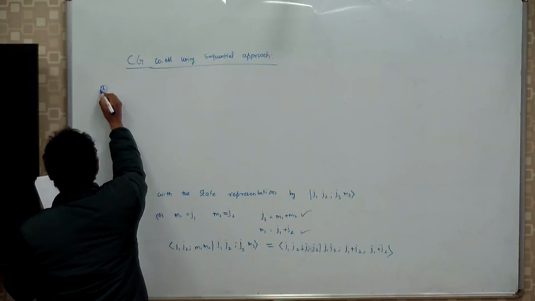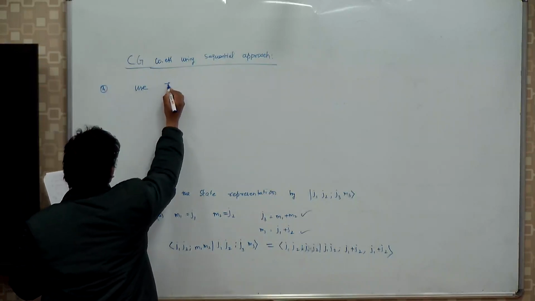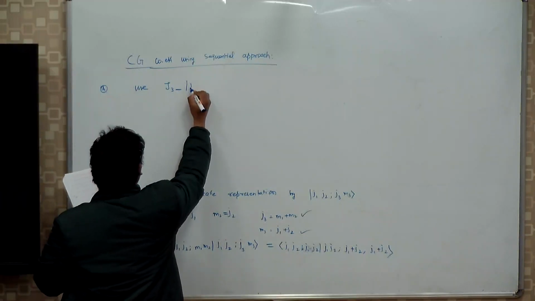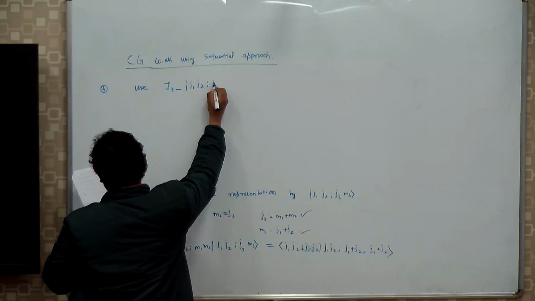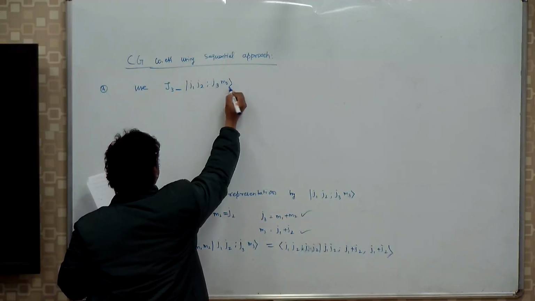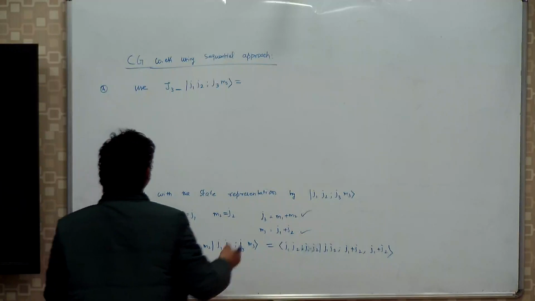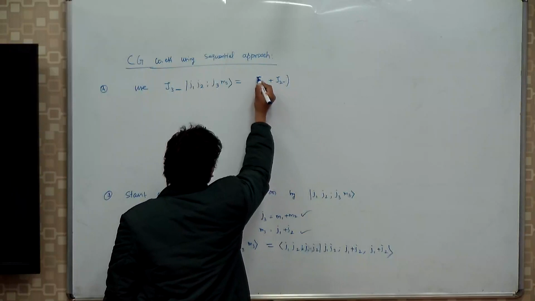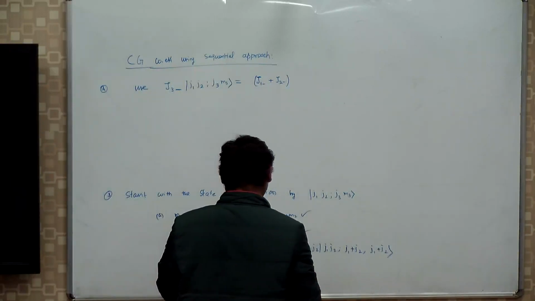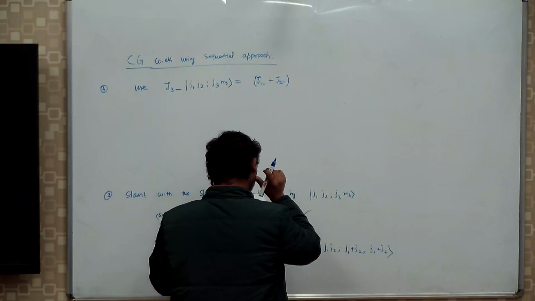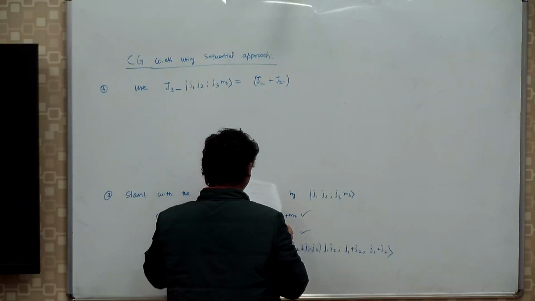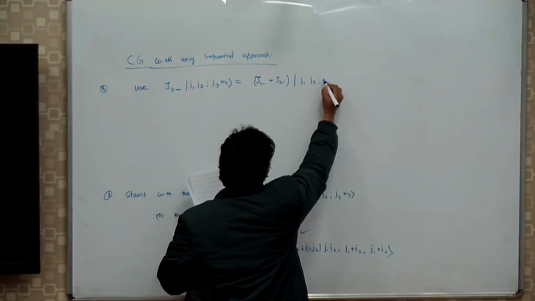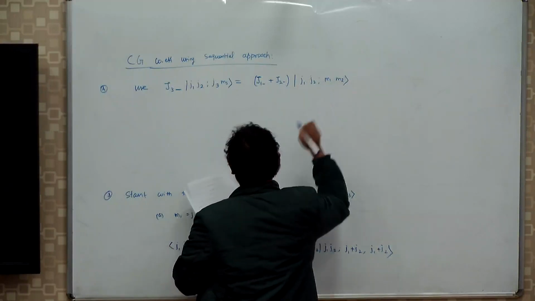Fourth, apply the lowering operator, use J3 minus on the state j1 j2 j3 m3, which is nothing but J1 minus plus J2 minus acting on j1 j2 m1 m2.